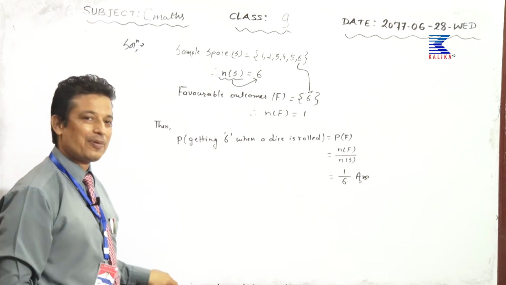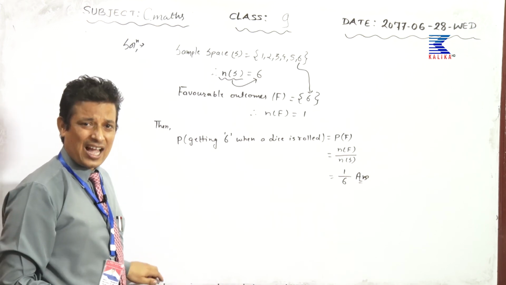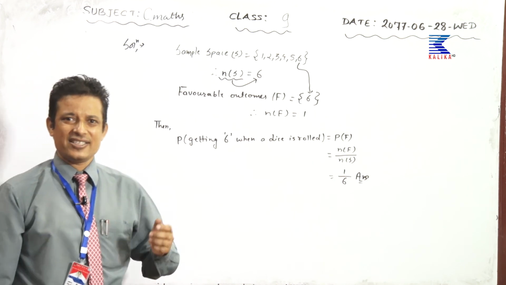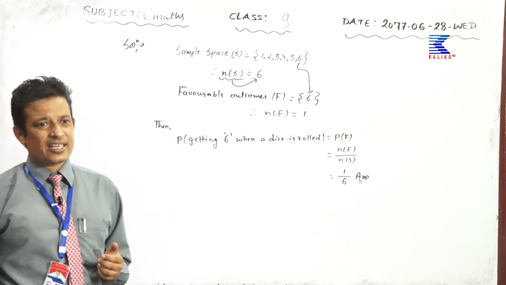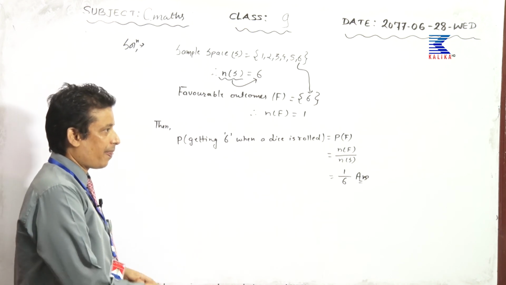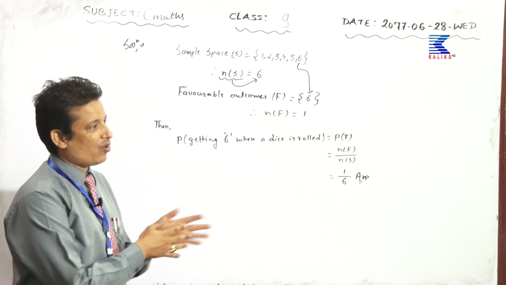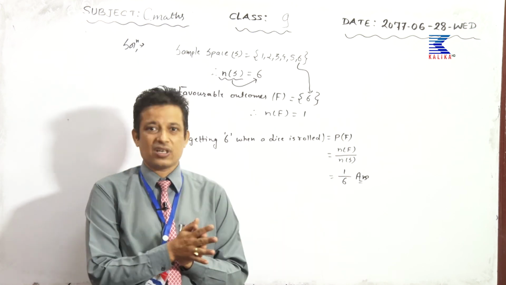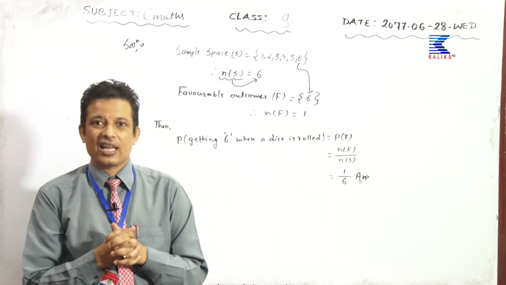Do you think you have understood? I hope you have understood it very easily. You can see one more example in the PIP, the one example I have done there.